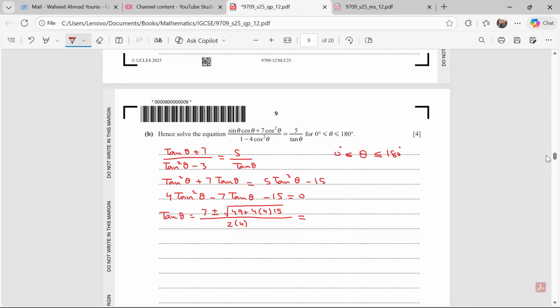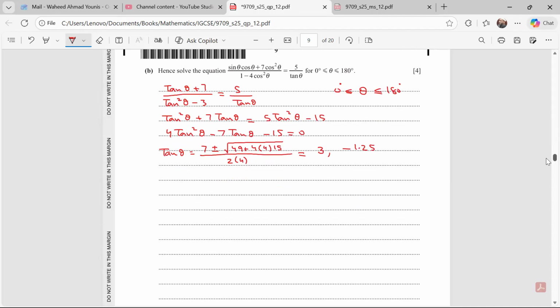When I simplify this, I get two answers, 3 and minus 1.25. Now I can use a calculator to find the exact value of theta.